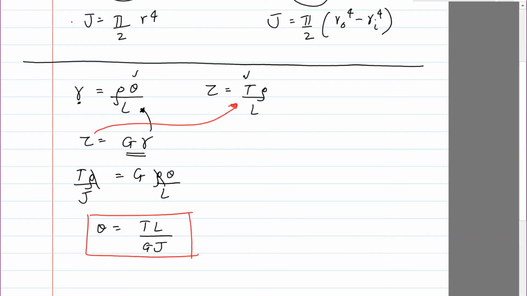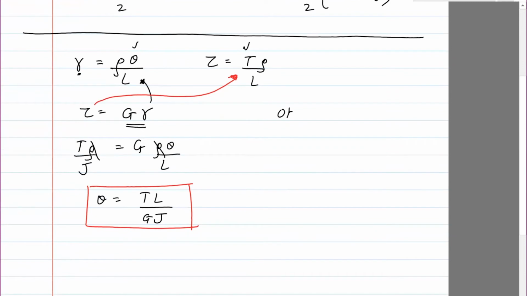The other formulas you want to remember, and I just put all of them down right here, which we have already derived, by the way: gamma equals rho theta divided by L, and tau equals T times rho divided by J. L would be the length of these pillars, cylinders. Length of the cylinder. Right.